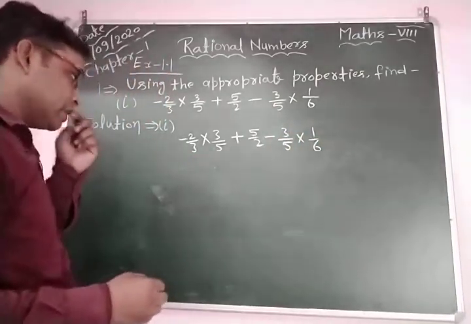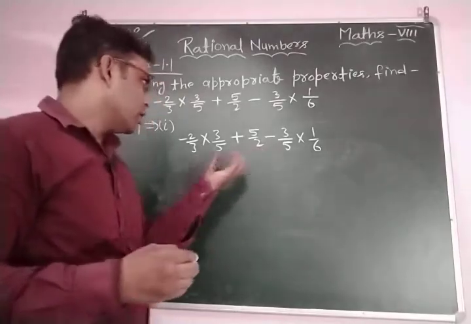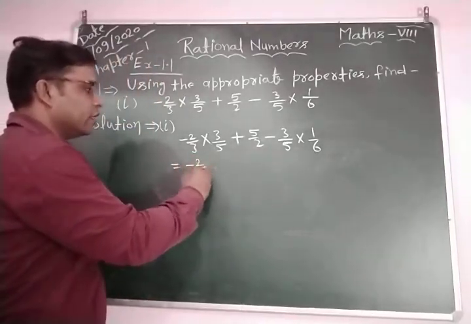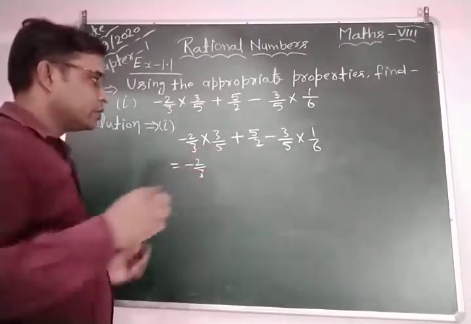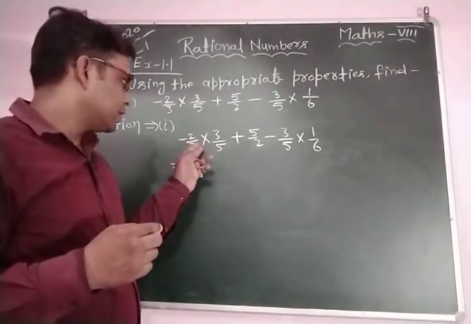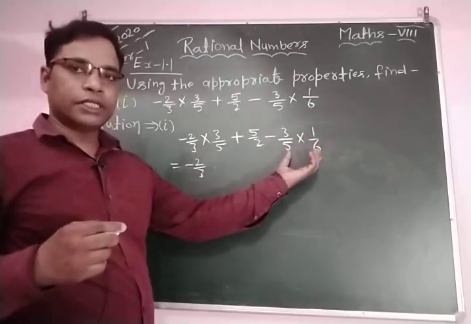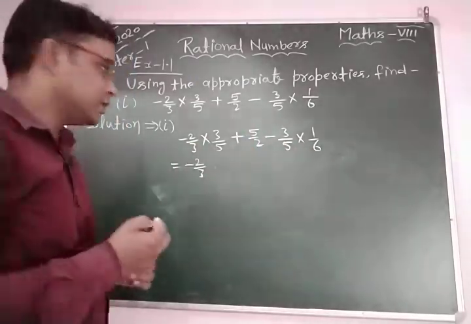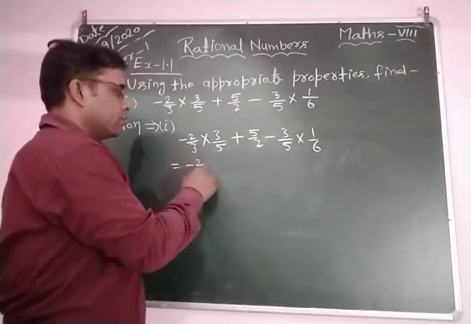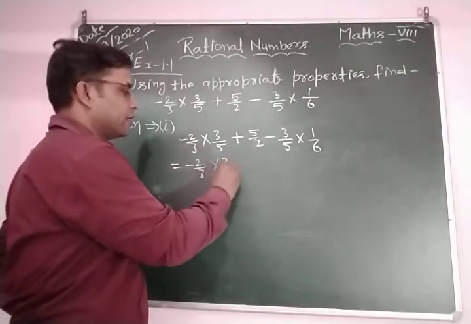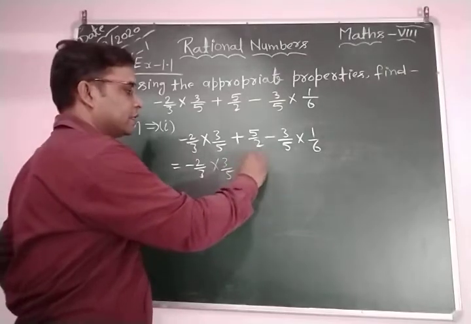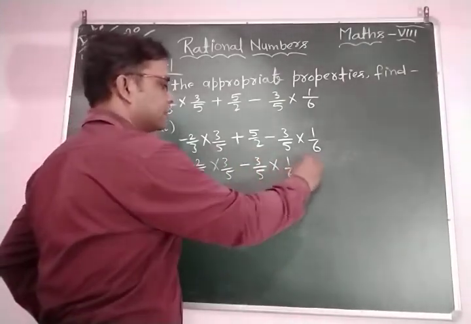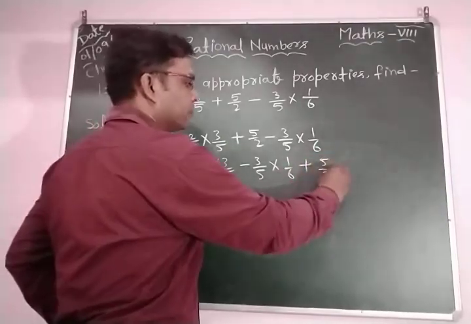First we write it like this: minus 2 by 3. You can see that these terms and these terms have nothing in common, but these terms and these terms have 3 by 5 in common. So first we use the commutative property: minus 2 by 3 into 3 by 5 minus 3 by 5 into 1 by 6 plus 5 by 2.